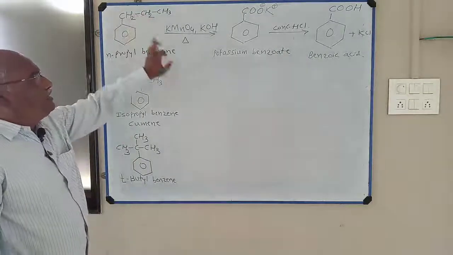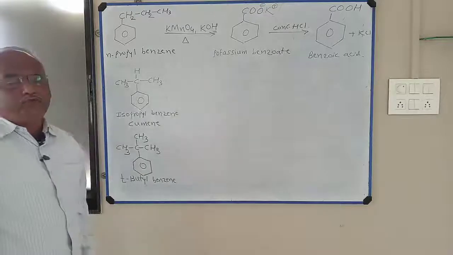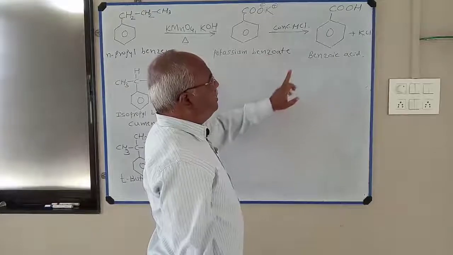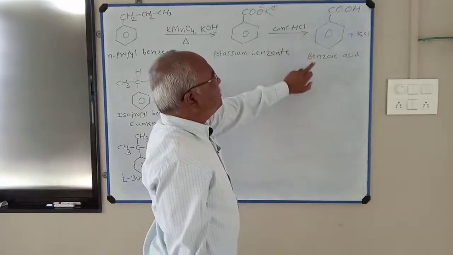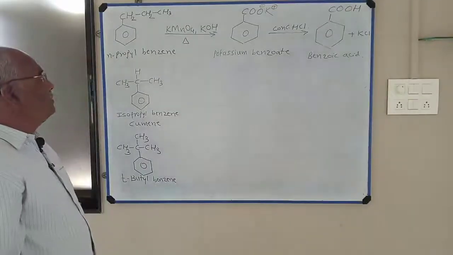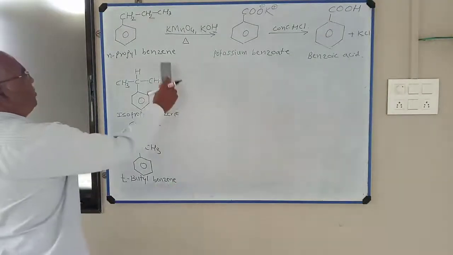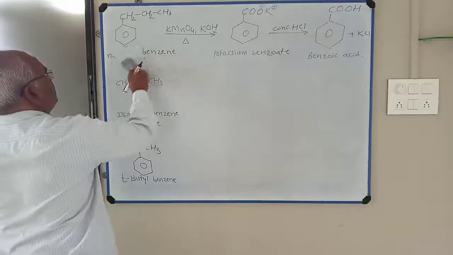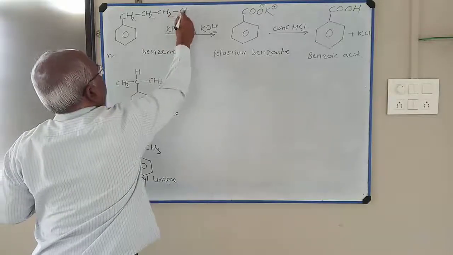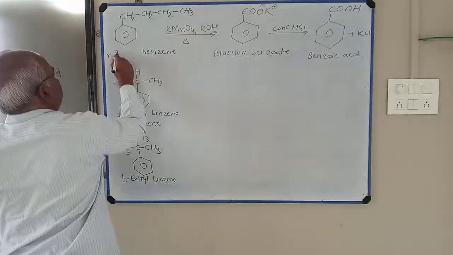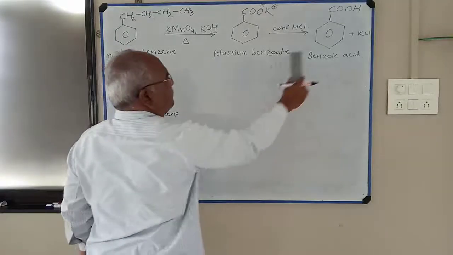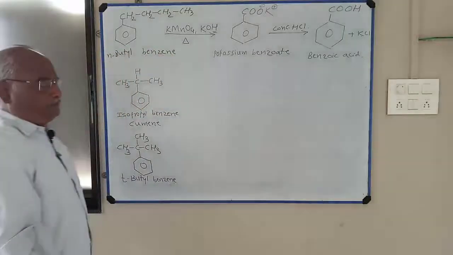Oxidation takes place and potassium benzoate is produced. And this potassium benzoate on treatment with concentrated HCl gives benzoic acid. Similarly, irrespective of the length of the chain, here if I increase one more carbon, then it becomes n-butyl benzene. This compound on oxidation gives benzoic acid.